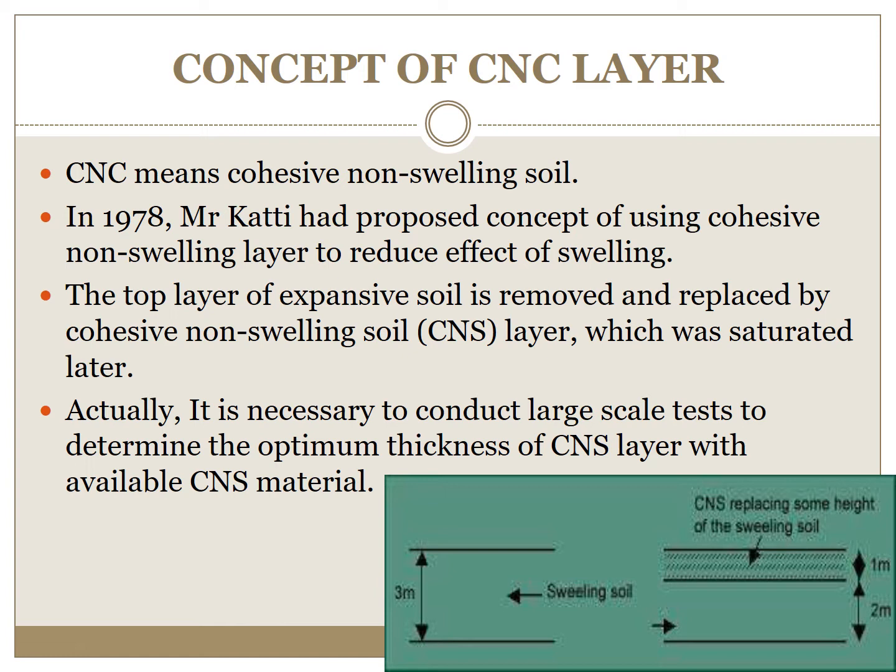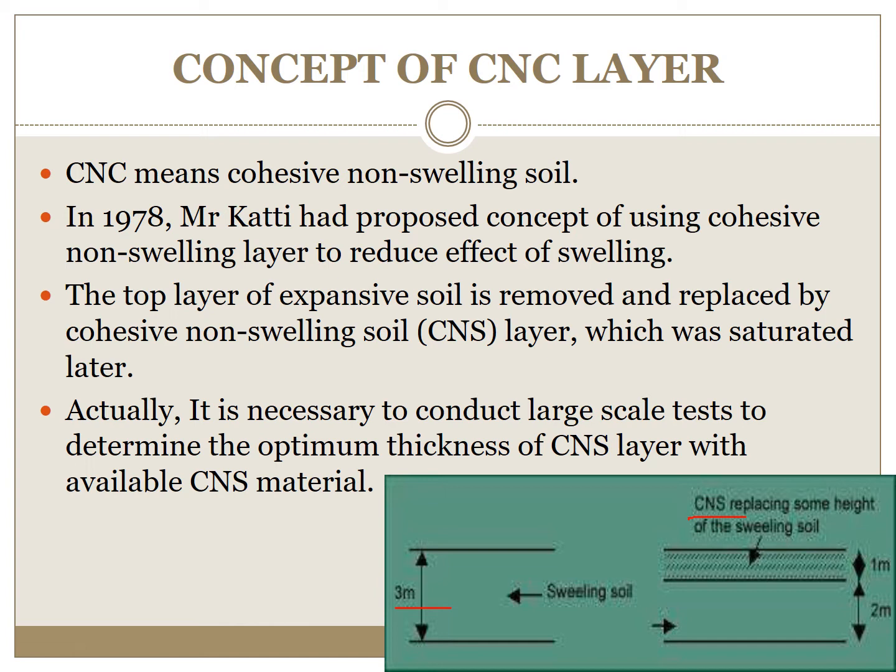Here is a diagram so you can easily understand the concept of CNC layer. In this graph, the swelling soil extends up to 3 meter. According to the CNC concept, 1 meter depth of the soil is replaced by a CNC layer.